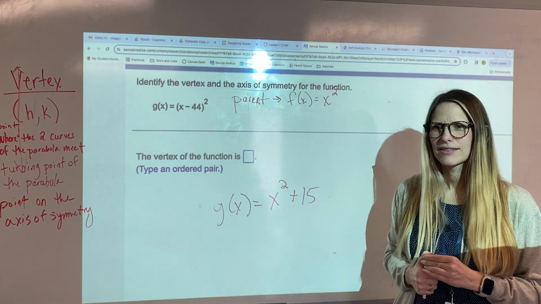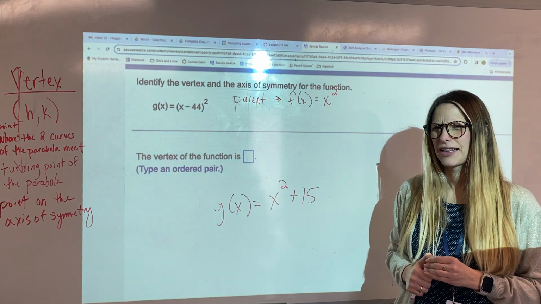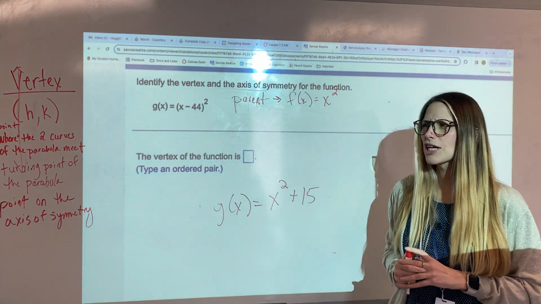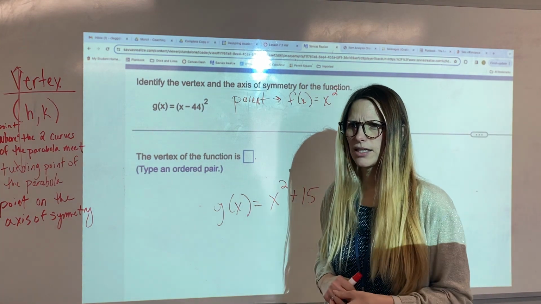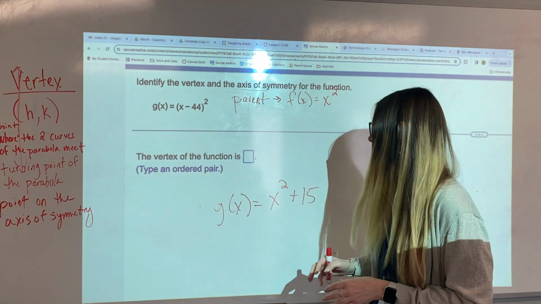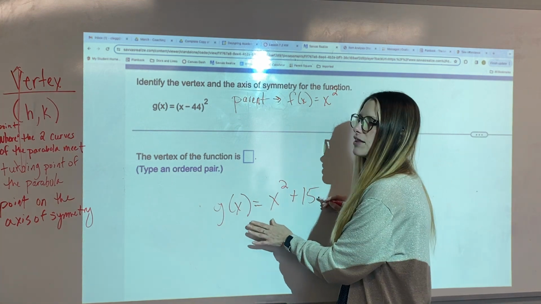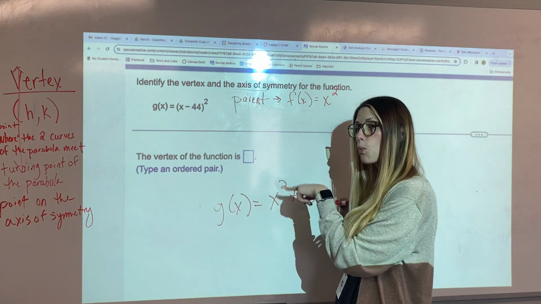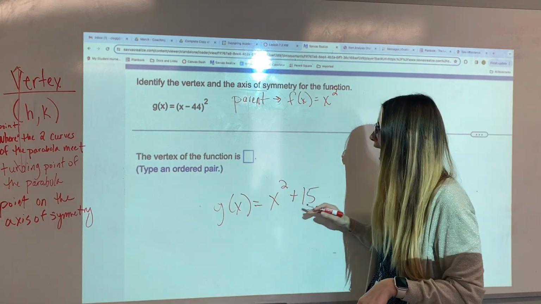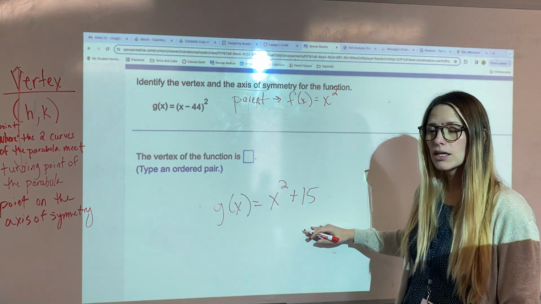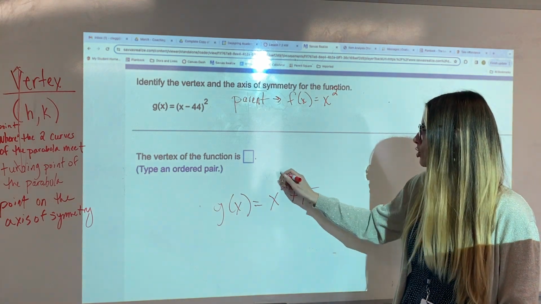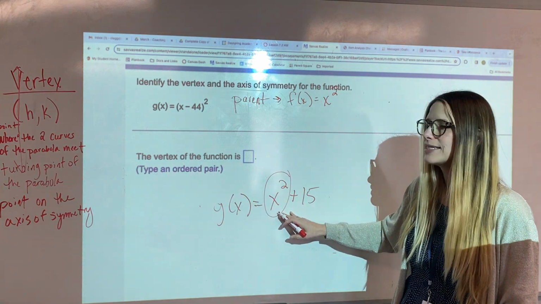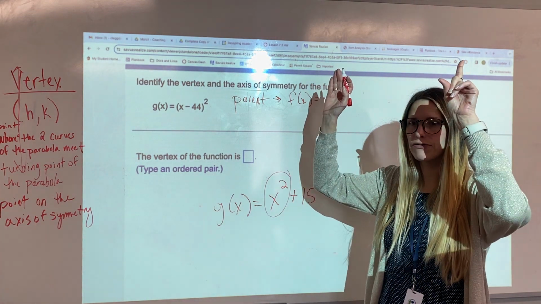Anybody? It's subtraction. Just signs are changing. What did you do? How did you get x squared? This is the last question that we did. I'm just reminding us that one question ago, we had a little baby that added 15 to the parent function, or to the output. And it caused an upward shift.